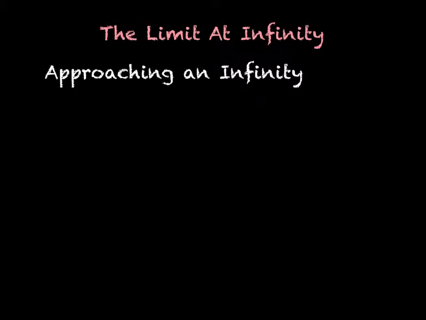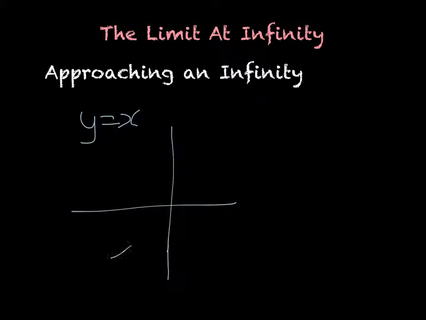Many functions will approach an infinity as x approaches an infinity. The simplest example is just y equals x. You can analyze this graphically. It's just a straight line, and you can see that as x increases, y is also increasing. So as x gets larger and larger and closer to infinity, then y will also get larger and larger and closer to infinity.